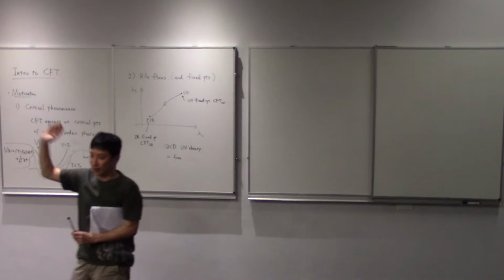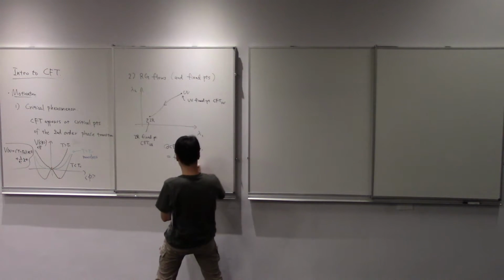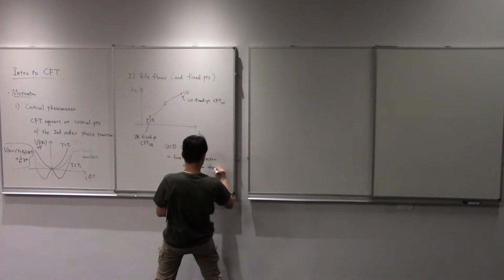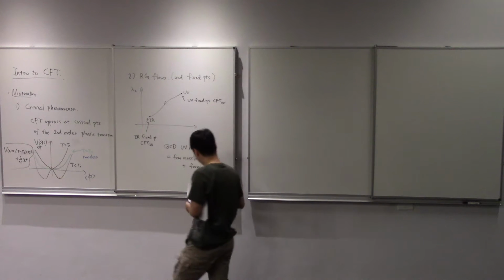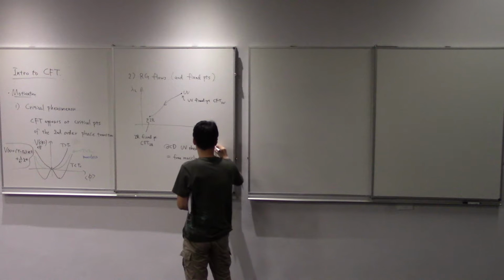So I have to start from massless quarks. Well, it doesn't terribly matter. But massless vector plus fermion. So this is a free conformal field theory, a free CFT.